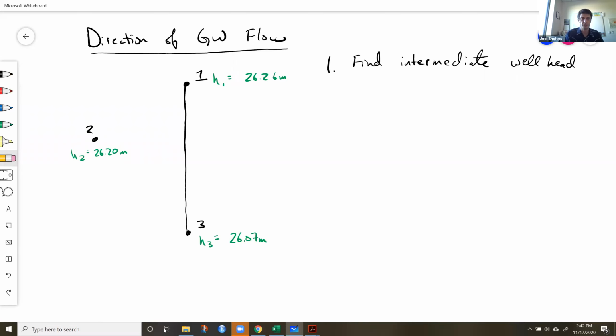We need to find the location on this line where this head occurs, where this elevation of water would occur, and that's just going to be through linear interpolation. We're going to assume that the water surface here is a plane. So that's going to be somewhere along this line between 26.26 and 26.07. So how do we find that distance?